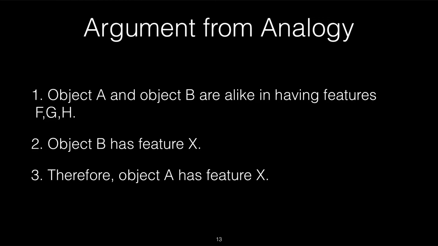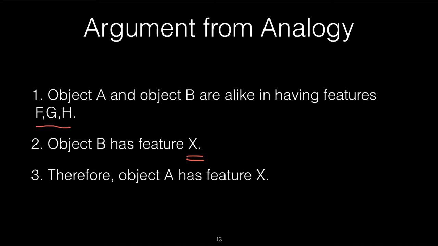So if I have some object A and another object B, and they are alike in having certain features, in this case we say F, G, and H. So these two objects have these three similarities, and then I look at object B, and it turns out not only does it have F, G, and H, but it also has some other property, X. Therefore, what can I conclude if I'm making an argument from analogy?